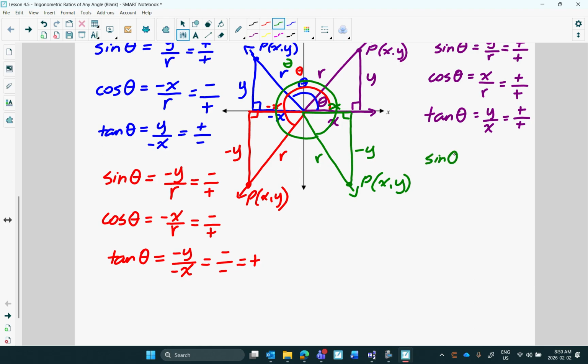So the sine of any angle between 270 and 360 will be negative y over r, which is a negative over a positive, which is going to get you a negative answer. The cosine is going to be positive x over positive r, so it's positive over a positive, which gives you a positive answer.